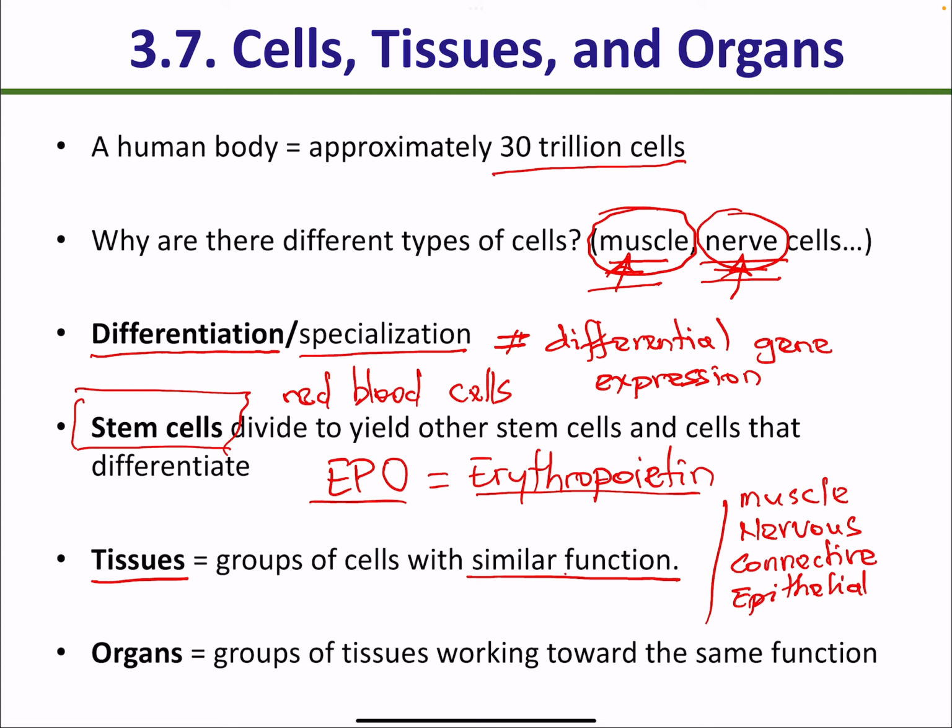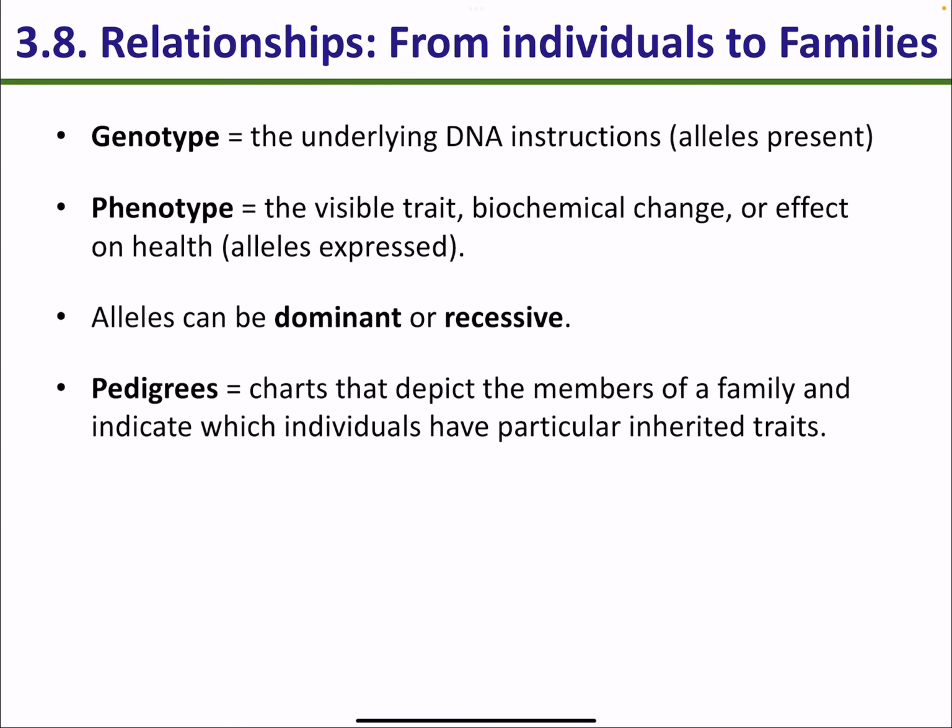So every single system works as sets of organs toward a specific goal. At this point, we are going to take a look at individuals, families, and eventually, we're going to talk about population.